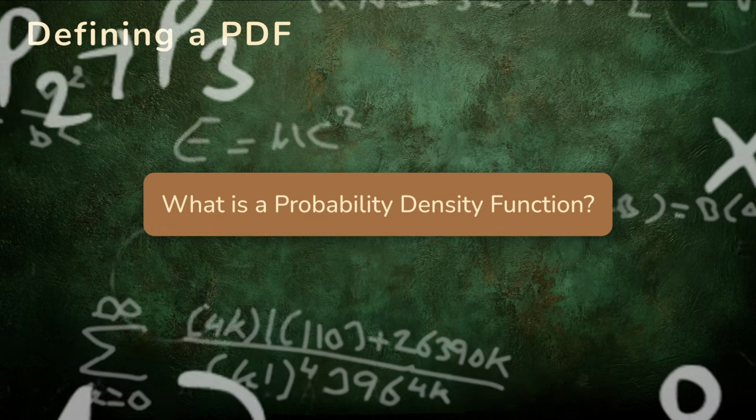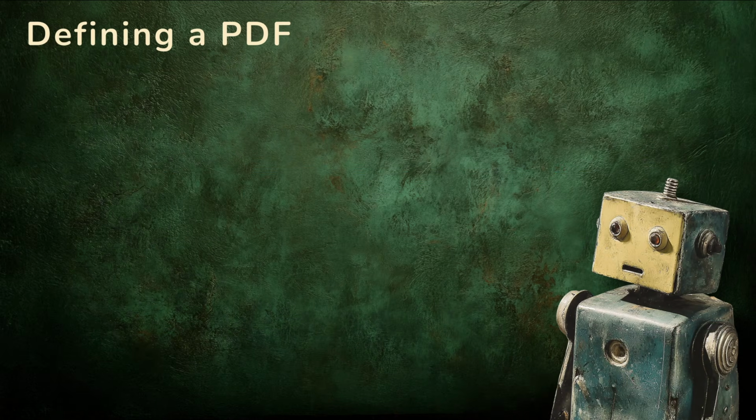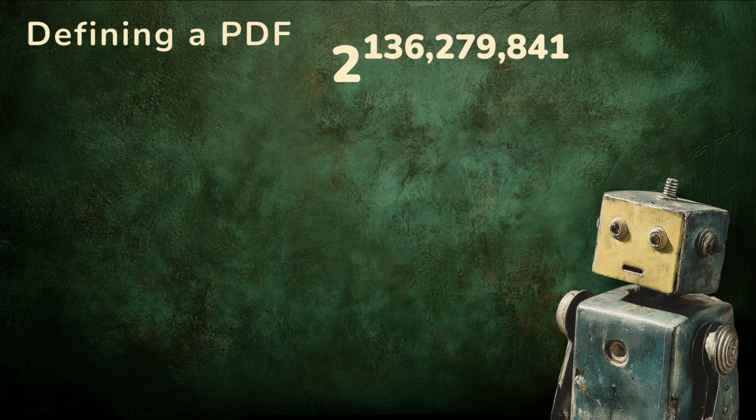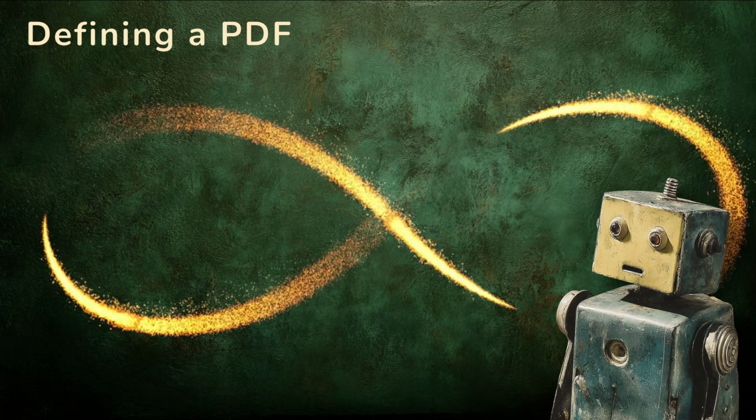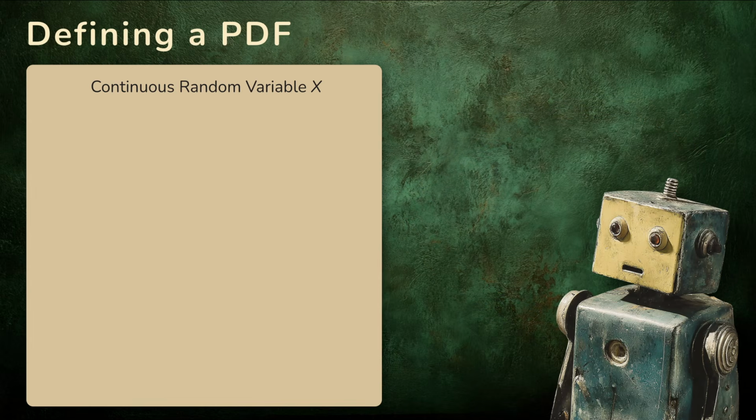We are now ready to give the proper mathematical definition of a probability density function. Suppose you have a robot that yells out random real numbers. Because there are an infinite number of real numbers that vary smoothly, this is a continuous random variable. We cannot assign a probability to each outcome.